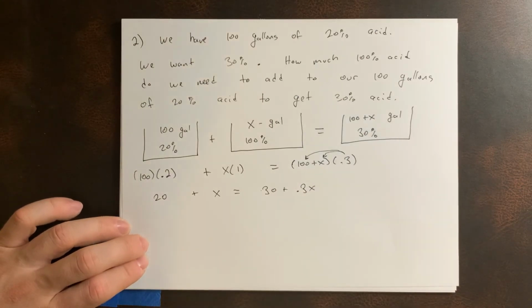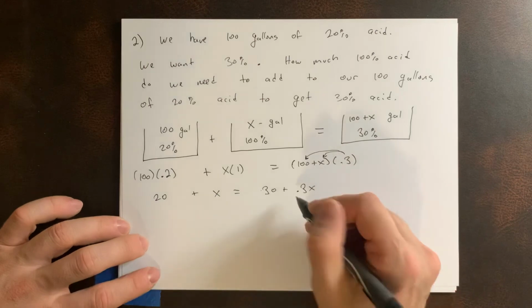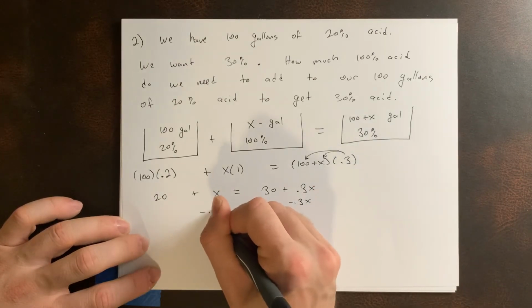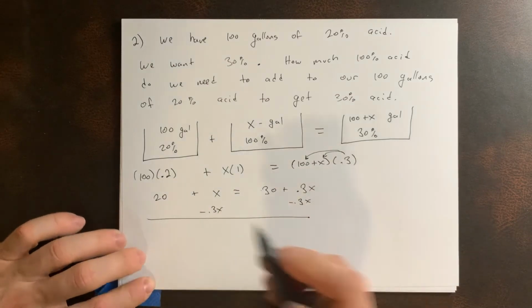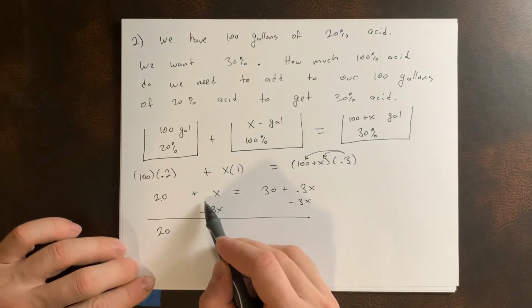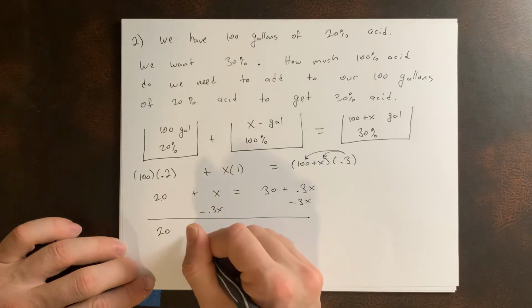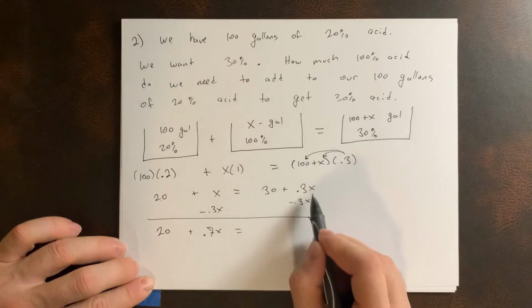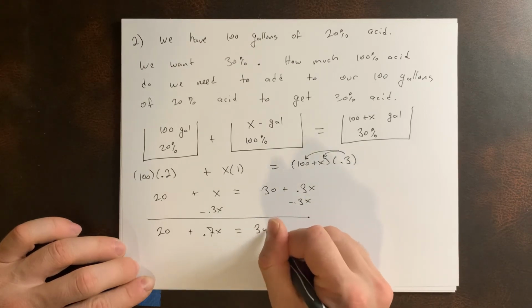Okay, so now let's get all the X's on the same side and everything else on the other side. Let's start by subtracting this 0.3X on both sides. We still have our 20. Now we have 1X minus 0.3X, so that's going to be plus 0.7X. The 0.3's cancel, and we just have a 30.